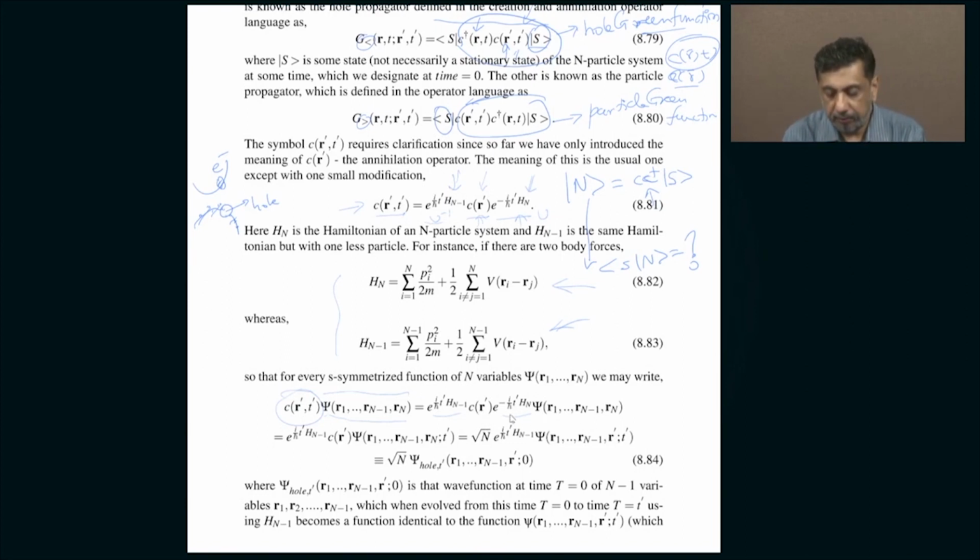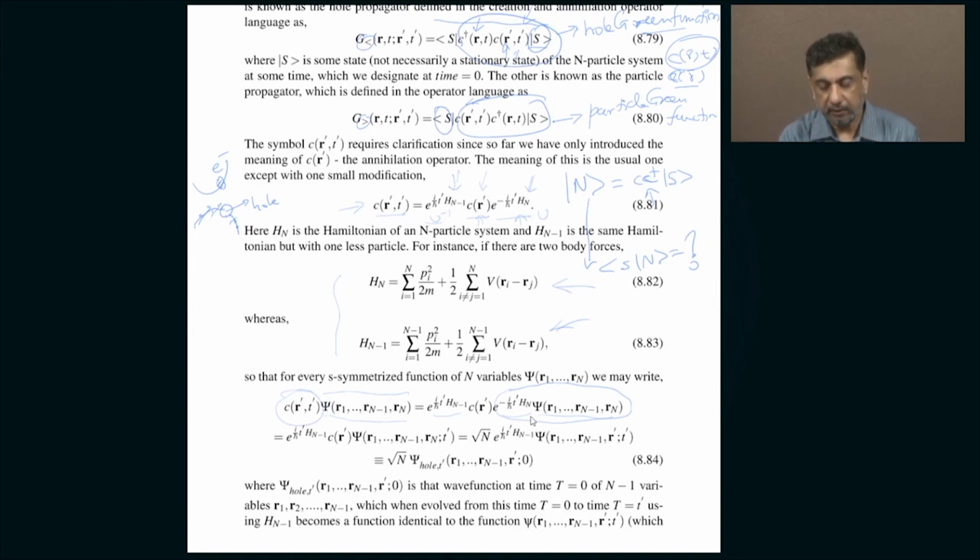Now when you act this on the wave function containing n particles, this has a very familiar interpretation: this becomes the wave function in the Schrodinger picture, which has been evolved from time t equal to 0 up to time t equal to t dash.